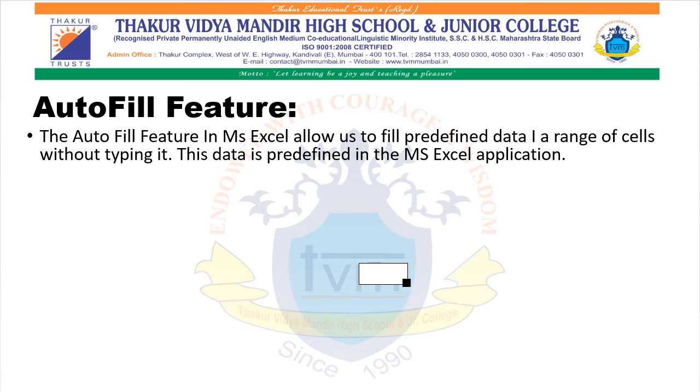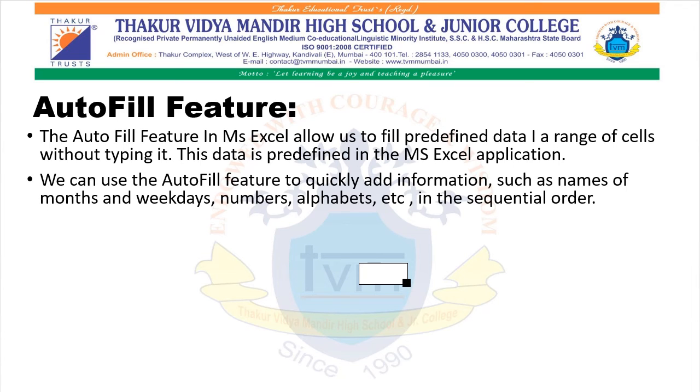Instead, we write Monday, and we can use the autofill feature to autofill the entire days of the week. We can use this feature to quickly add information such as names, months, weeks, numbers, alphabets, etc. in a sequential order.